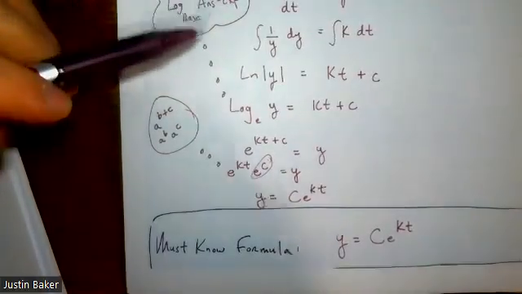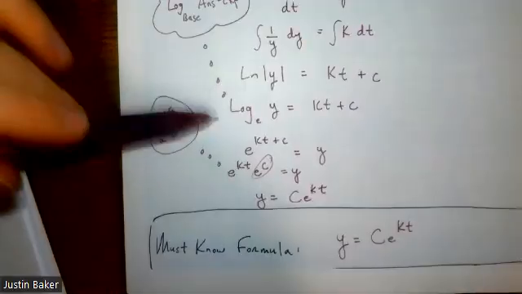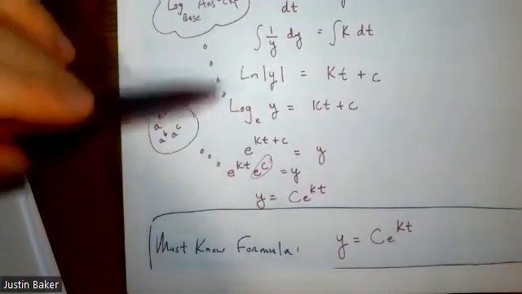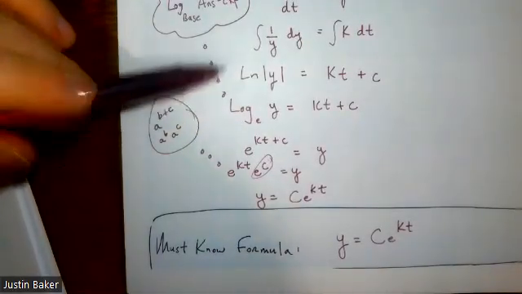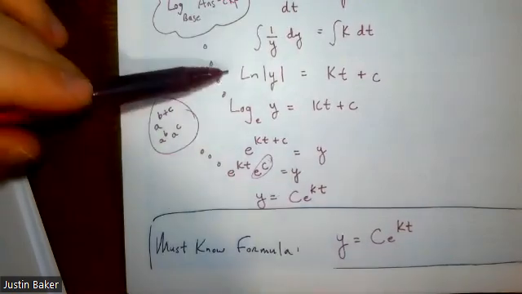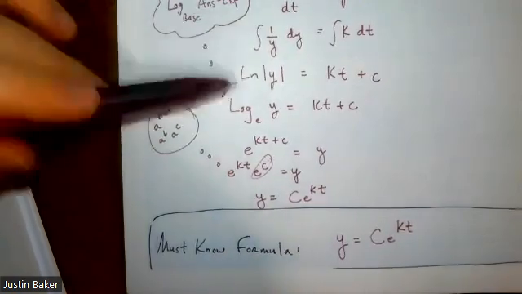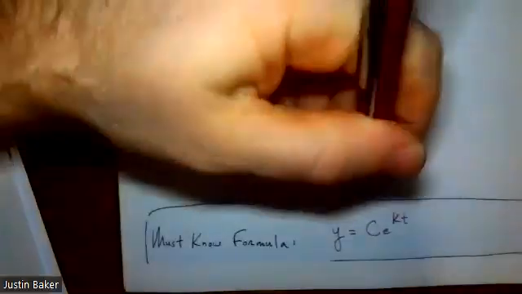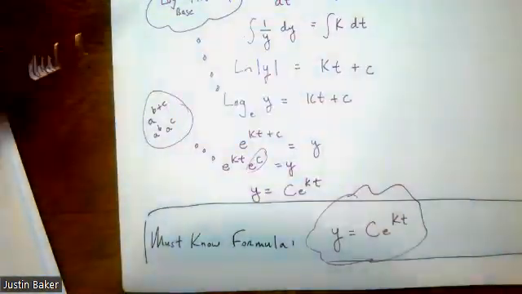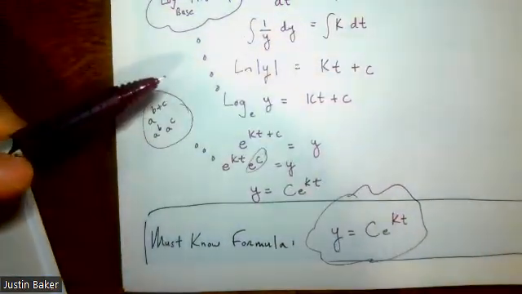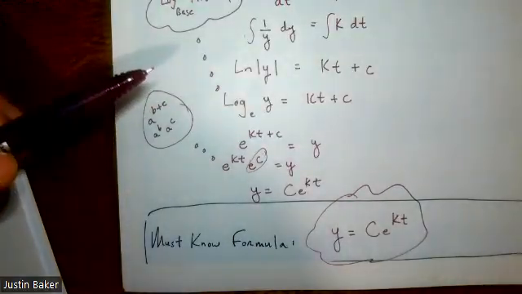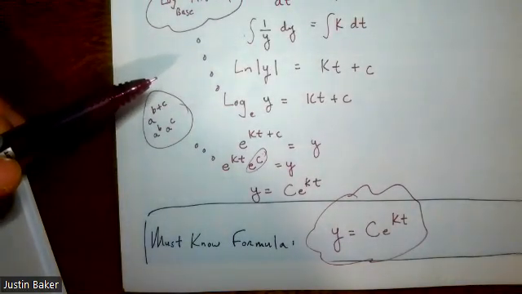I wanted to give you a little bit of backstory on some differential equation maneuvering because we're going to be doing some stuff like that in these problems. The one we just did, you don't particularly have to replicate. You just need to know this formula, and this formula is going to be the exponential growth or decay formula.